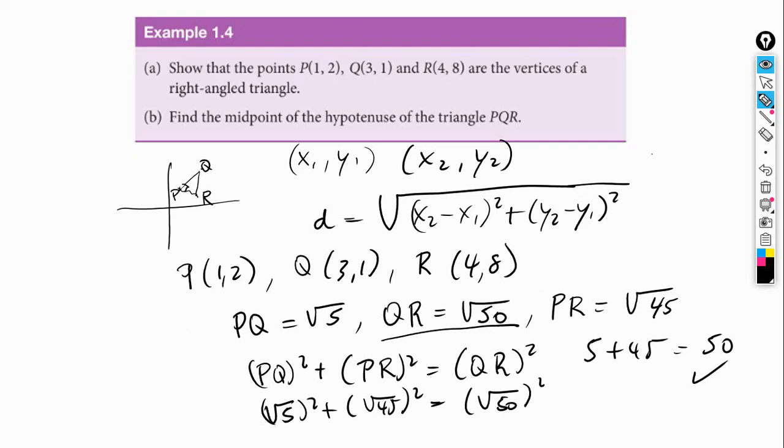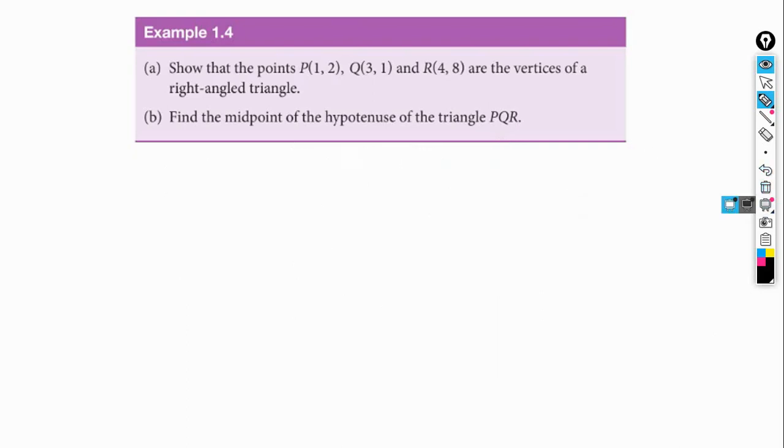So now we're going to do part B. Part B says find the midpoint of the hypotenuse of the triangle. Now, how do we find the midpoint? Recall that the midpoint formula says that if you have 2 points, again, x1, y1, and x2, y2, the midpoint is found by adding the x's and dividing by 2, adding the y's and dividing by 2.